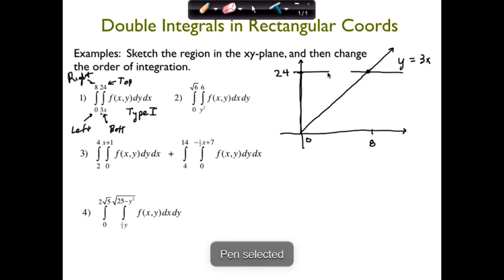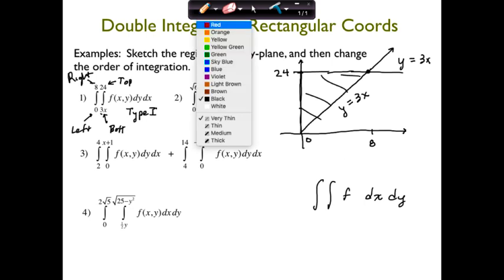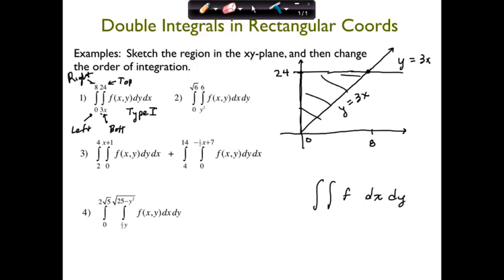Okay, now what? So we got this right here. And now the goal is to rewrite it as type 2, dx dy. So dx dy means, what? First, we're going to go left to right. So what's the left side and what's the right side?